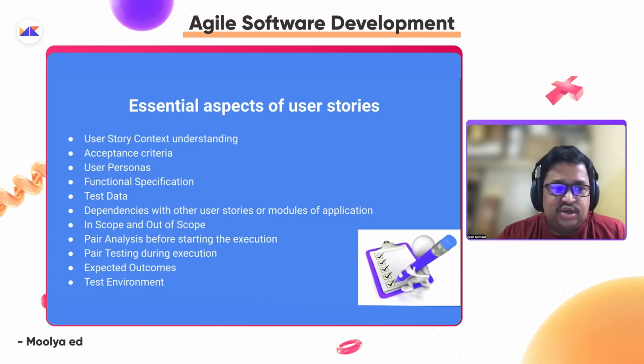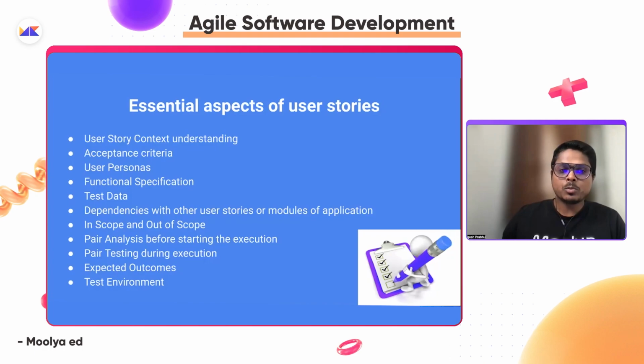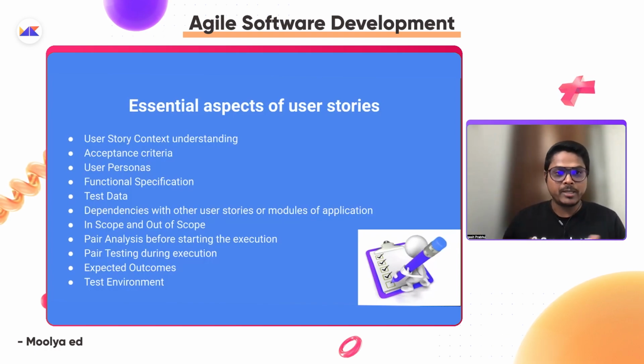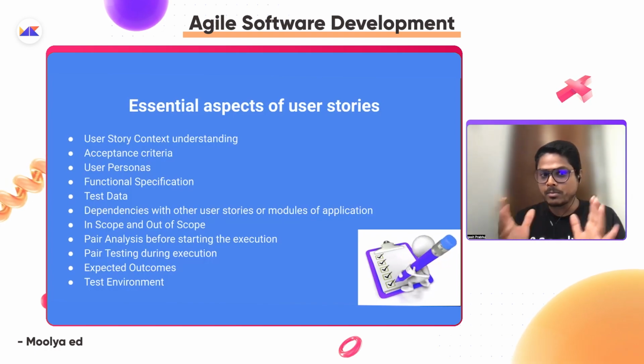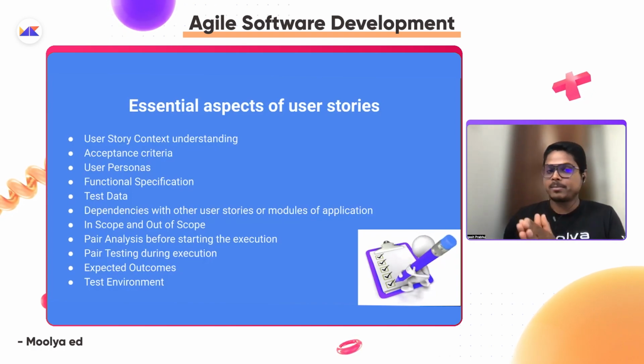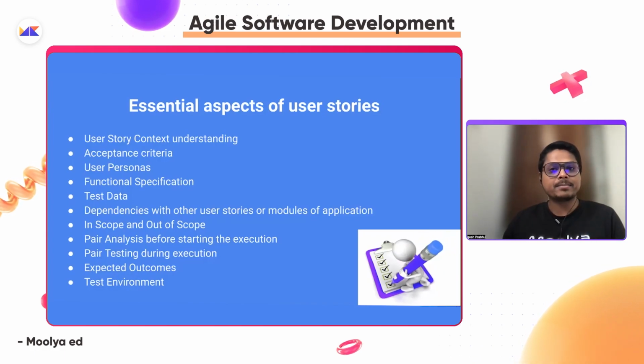And then, yeah, Logesh, your take on these first four. Yeah. So when coming to the user story context, let me take an example of myself. When I get a user story, my first question will be what exactly it's going to solve, rather than what exactly the functionality is about. We need to understand what exactly the problem is and how the user story is going to solve it. That will be reflected in the acceptance criteria.